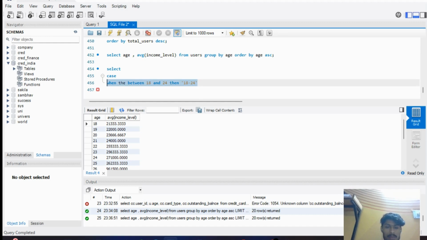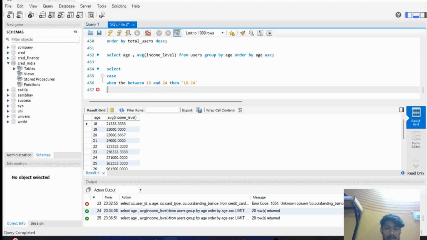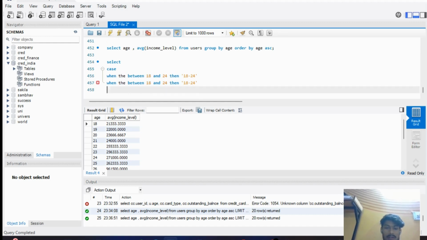Likewise, we copy this statement and paste it for another one.